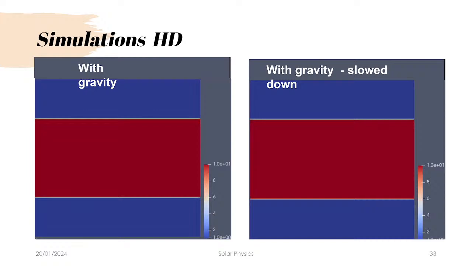Okay, but this was actually for the MHD simulation. For this simulation, I have just considered gravity in the negative x direction. So you can see how fast it is running.